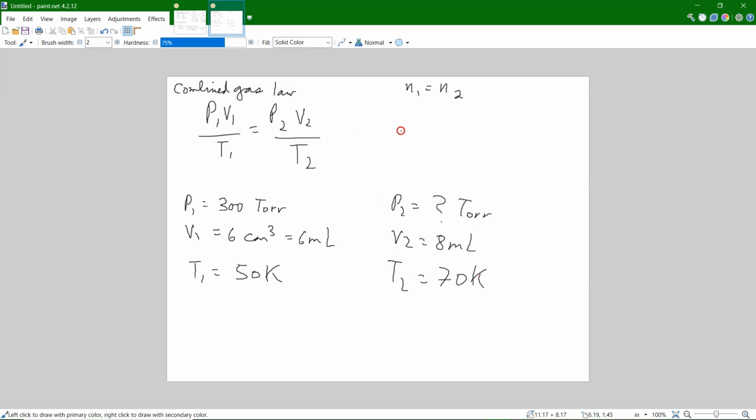Okay, so I cross multiply, so I got P2 is P1 V1 T2 over V2 T1. Am I isolating right there? P1 V1 T2 over V2 T1.